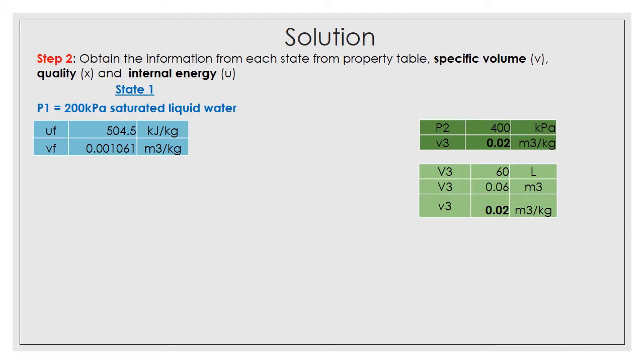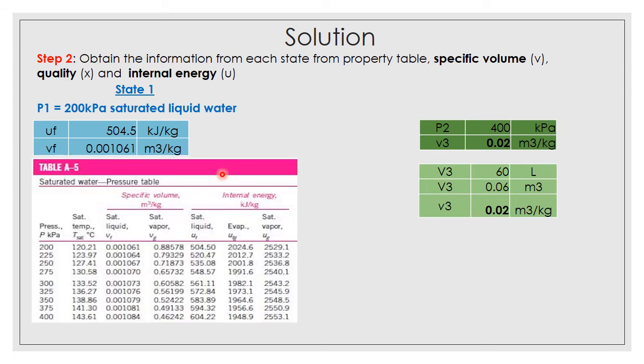Step 2, obtain the information from each state from the table: specific volume, quality, and internal energy. So we are given state 1, P1 equal to 200 kilopascal, in the case of saturated liquid water. So we refer to the table of saturated water at P equal to 200 kilopascal, and we obtain the vf and the uf, 0.001061 and 504.5 respectively.